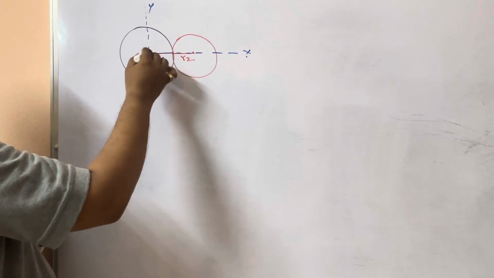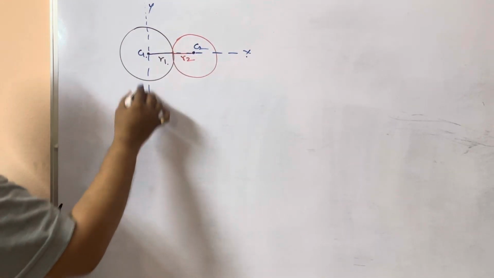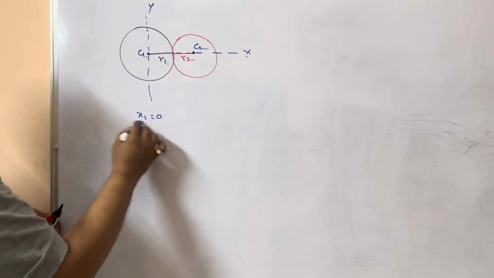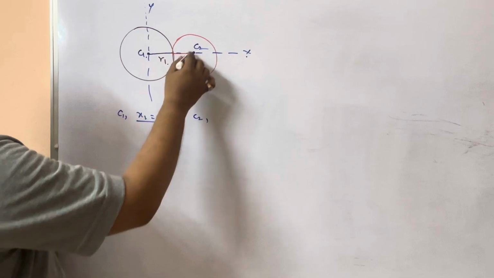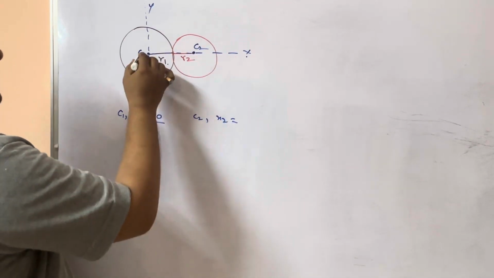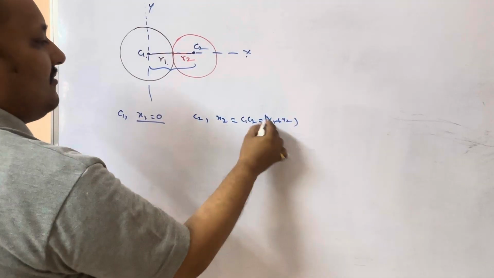The position of center of mass of the first object is C1, this is C2. So for C1, x1 is going to be 0. For C2, x2 is going to be, from C1 to C2, R1 plus R2.